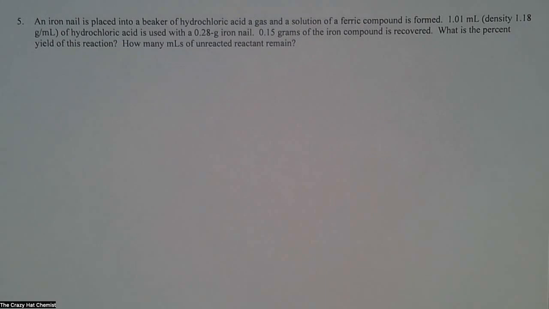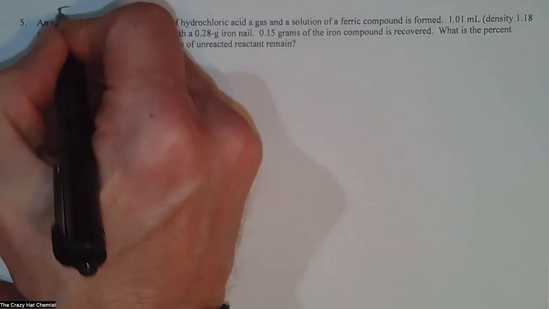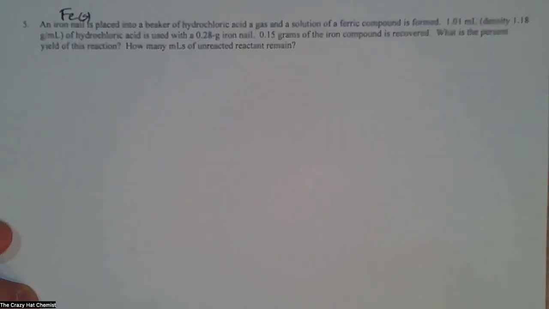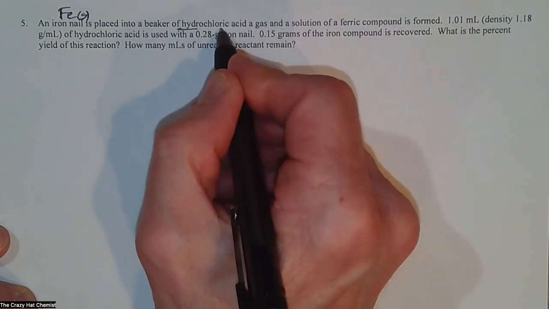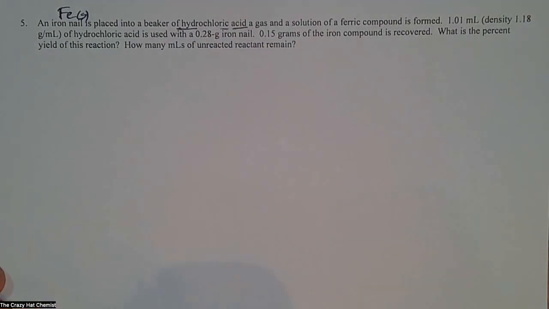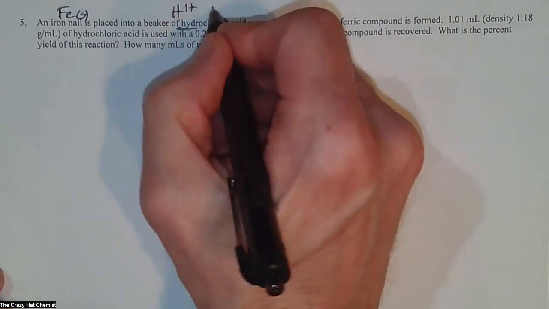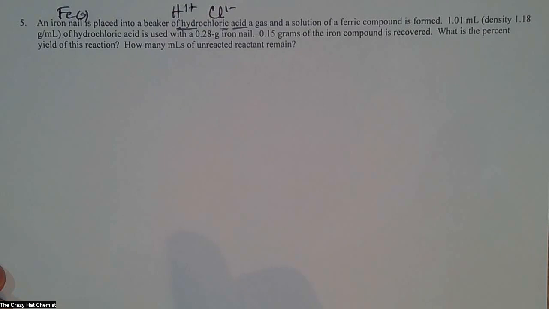Our last problem here, it says an iron nail. So iron is Fe, and if it's a nail, that means it's solid. It's placed in a beaker of hydrochloric acid. That's a binary nonmetal acid, and that is a hydrogen with all acids, chloride ion, and that will give me my acid.